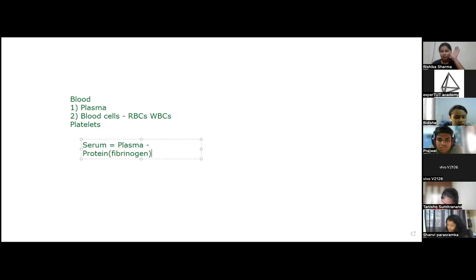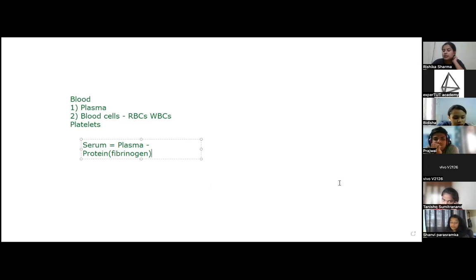So when you take plasma and remove proteins from it, the liquid that remains is serum. Fibrinogen is a protein which helps in your blood clotting. When you fall down and get a cut or wound somewhere, you see a clot after some time. That clot is basically formed by the protein called fibrinogen.